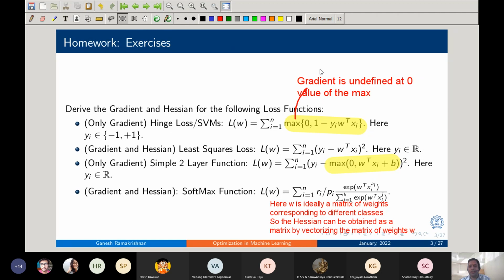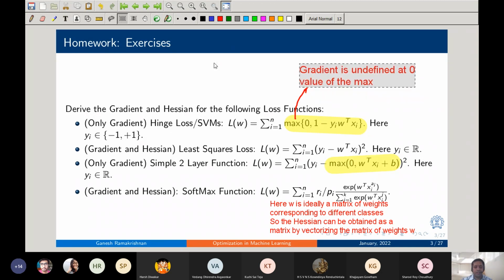So at that point you'll have to think of something beyond gradient, and as we'll develop later on, there's a notion of subgradient. I think I gave you an idea, but the point where you have the non-differentiability, let's say your function is like this.